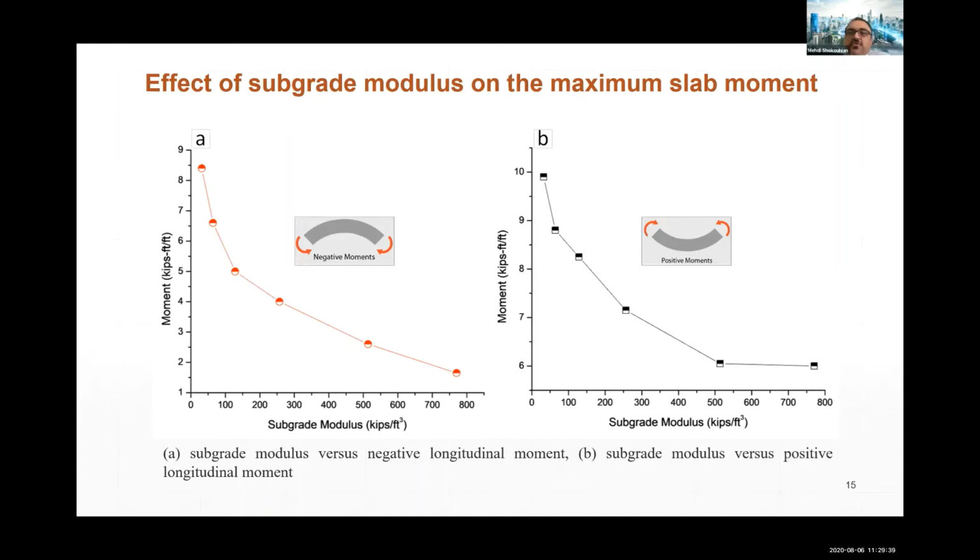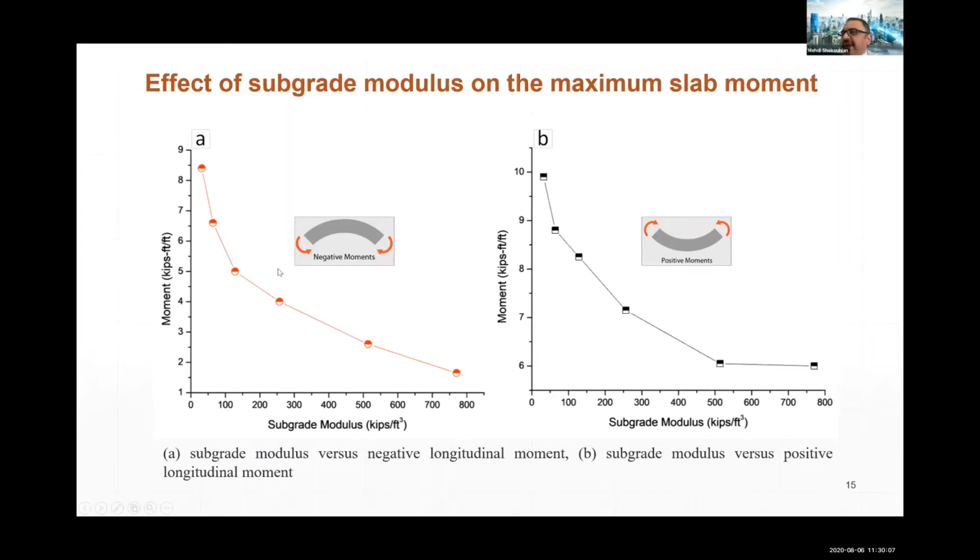And of course, with good compaction, the surface cracking can be controlled, as one item. Of course, there are other items such as the materials and the reinforcement that we are going to discuss in the next slide.